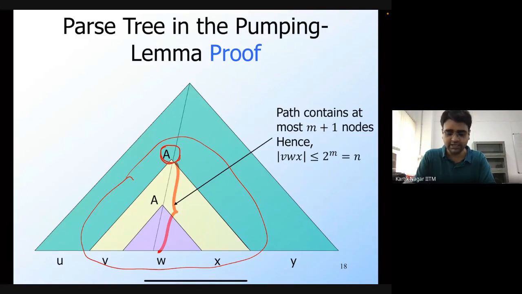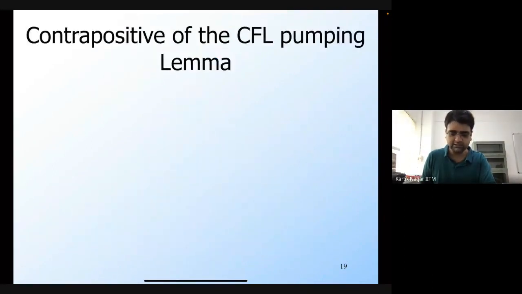And in fact, it directly follows from the proof of the pumping lemma, in the sense that the pumping lemma holds because if you take a large enough string, its parse tree is going to have this specific structure. The substrings that you pump, v and x, are part of this particular string vwx, whose length can be at most n. So we will use this constraint many times in the contrapositive, and it directly follows from the proof as well.